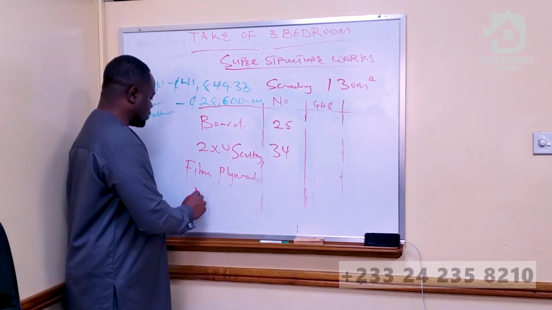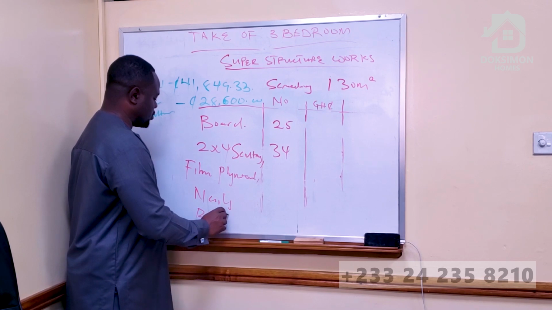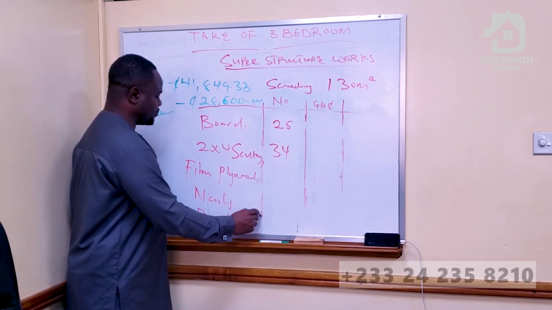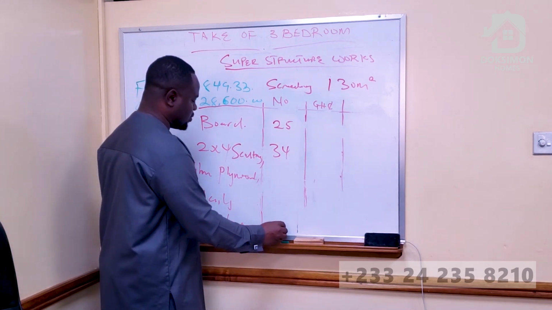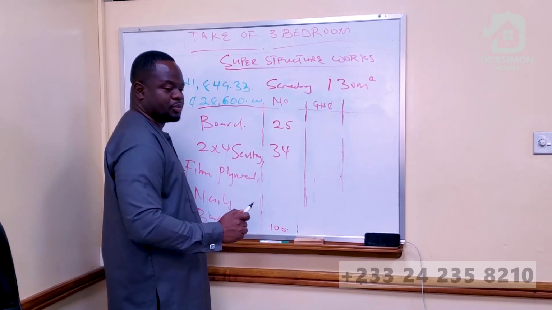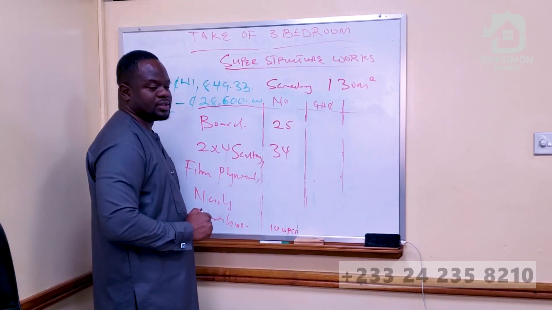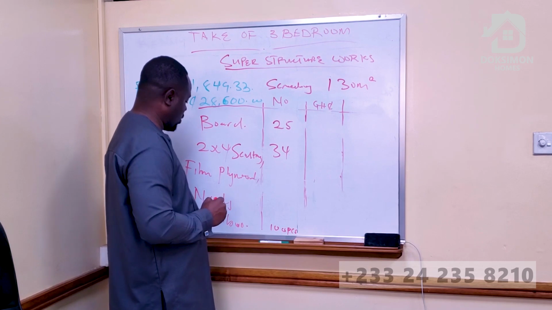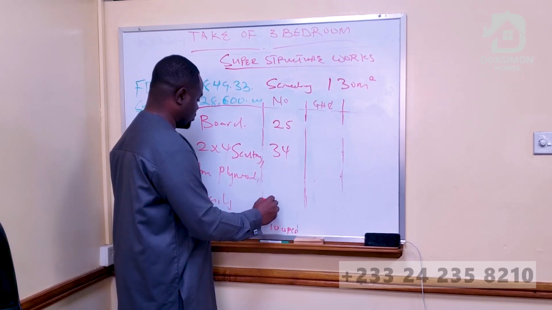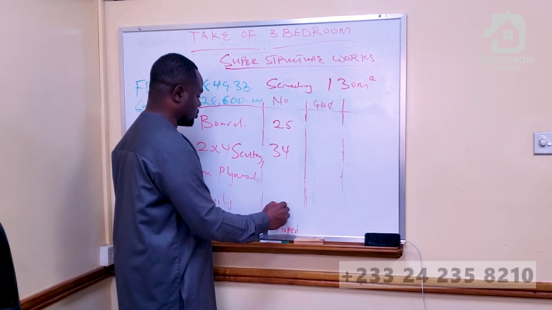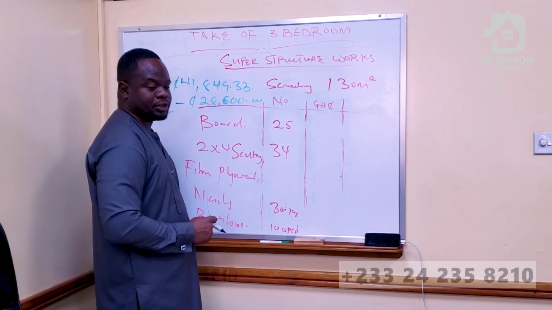We also need nails. Some will prefer bamboo, better name. So the bamboo, at least with 100 pieces, we should be able to get our floor suspended. We also have about 30 kg or pounds of nails.